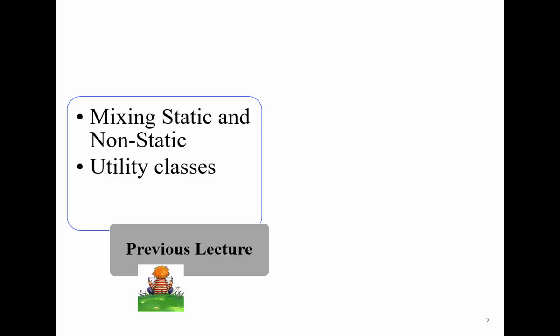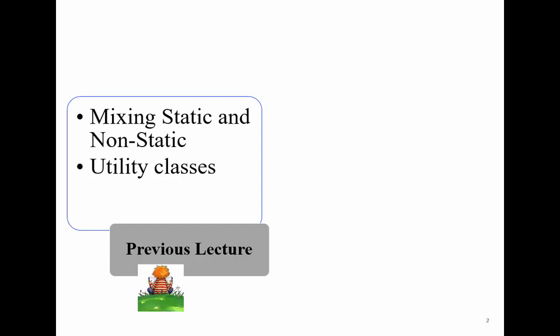Some fields are static, per class, and some fields are non-static, which means they are per object. So whenever you create a new object, you will have a new copy of these fields. But the static fields are per class, which means all the objects have the same copy.